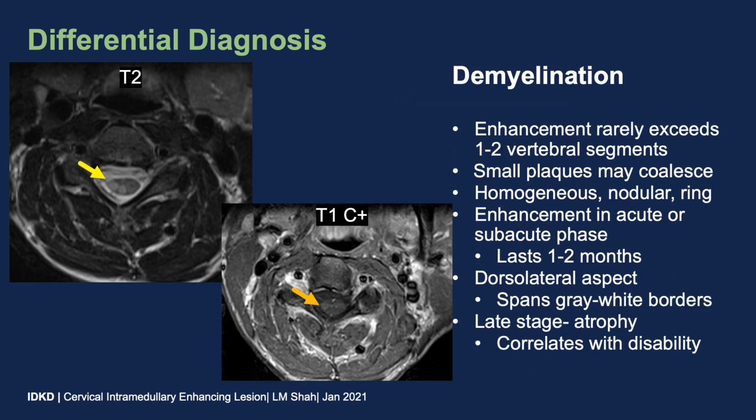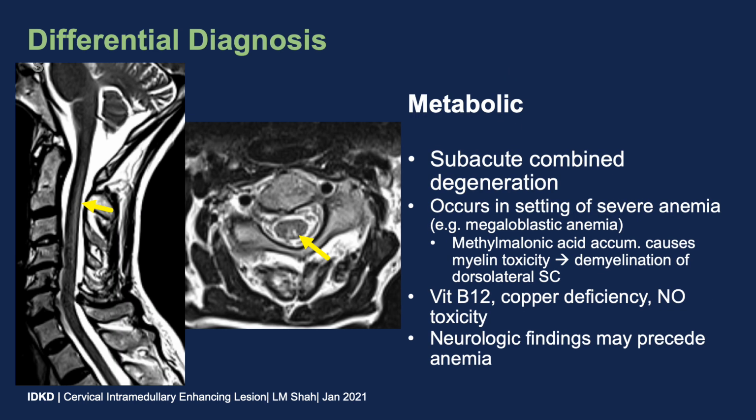The classic multiple sclerosis plaques rarely exceed 1 to 2 vertebral bodies in length. They are ovoid in configuration and may demonstrate homogeneous nodular or ring enhancement. Enhancement rarely lasts more than 1 to 2 months and is seen in the dorsolateral aspect of the cord. In late stages of the disease, the spinal cord demonstrates volume loss, which correlates with disability.